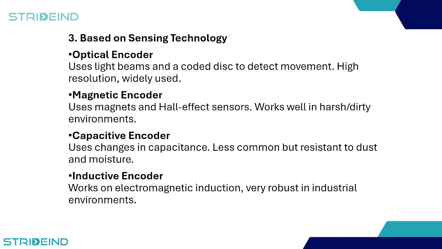Capacitive encoders. Capacitive encoders use changes in capacitance, less common but resistant to dust and moisture. Inductive encoders. Inductive encoders work on electromagnetic induction, very robust in industrial environments.